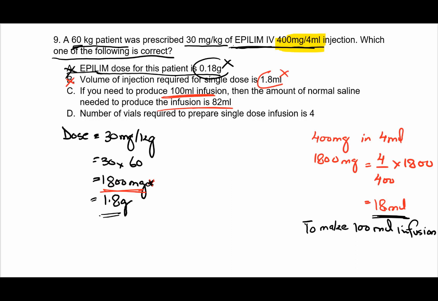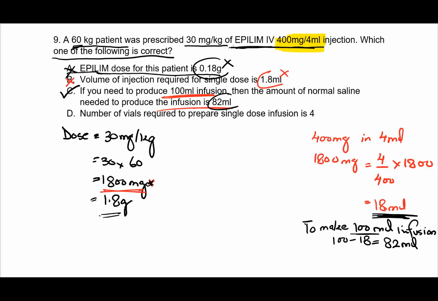That would be simply 100 minus 18, that's 82. So I will mix 18 mils of the injection with 82 mils of the normal saline, so that the final volume of the solution will be 100 mils. So that's what is given here. So C appears to be the best answer at the moment.